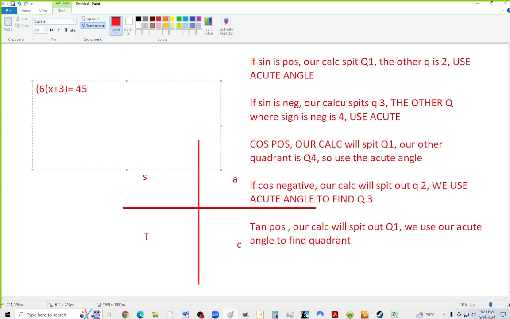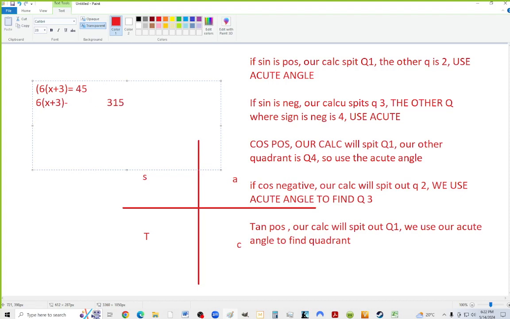It's cos, so we know it's cos. This is positive, so our answer is going to be in quadrant 1. It means our angle is 45, and to find the other cos angle, we have to take 360 minus 45, 315. Then we can solve these x transformations.